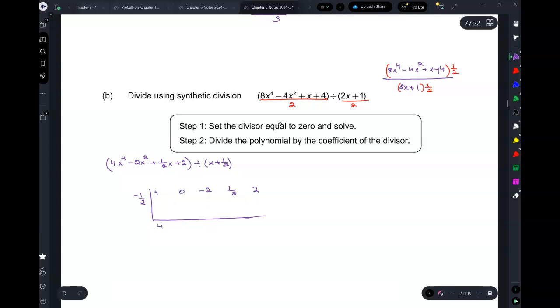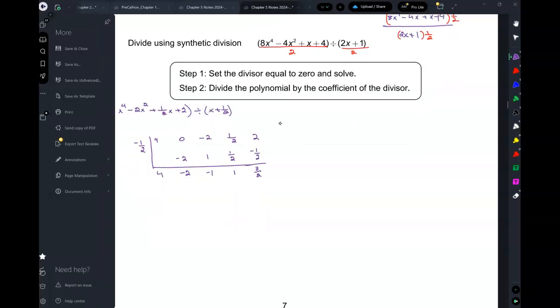Okay, so 4 comes down. Times negative a half is negative 2. Negative 2. Positive 1, negative 1. Right? 1 half plus 1 half is 1. Is that right? So what's 2 minus a half these days? 3 over 2. Right? Okay.